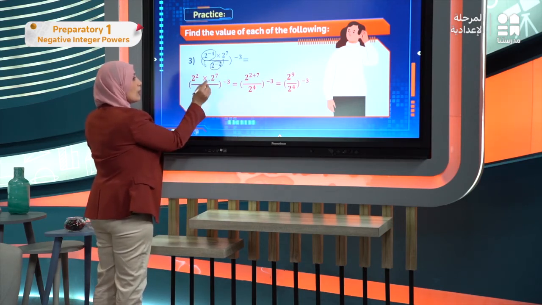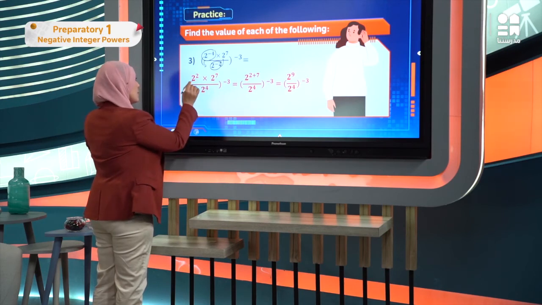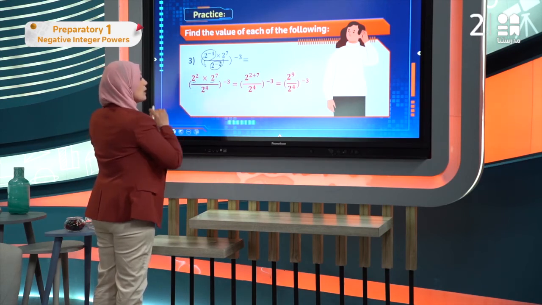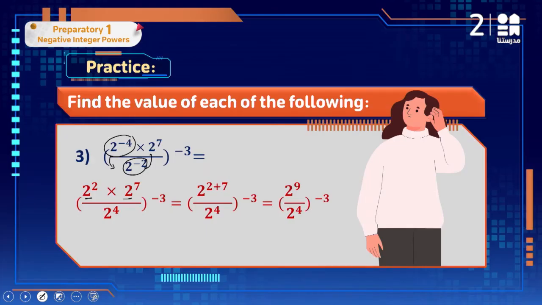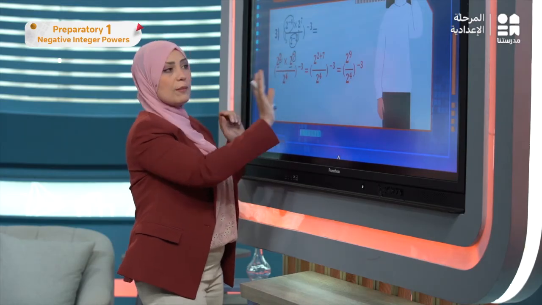Now we have multiplication with the same base, 2 and 2 here, so immediately add the exponents. So it is 2 to the power of 2 plus 7 over 2 to the power of 4. And I kept the negative 3 above all of them as it is.